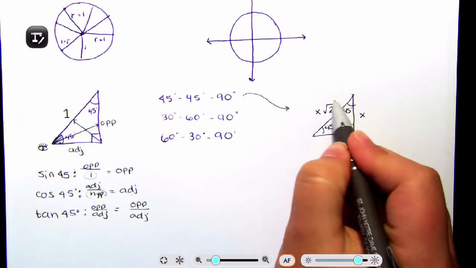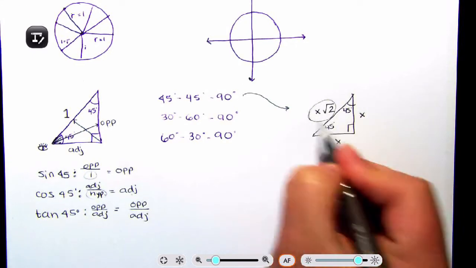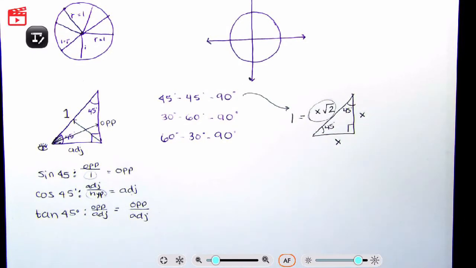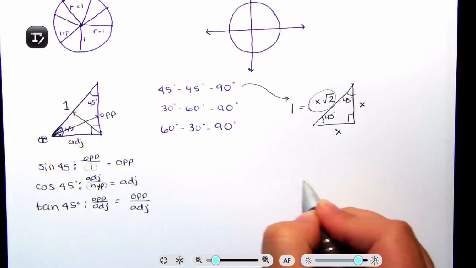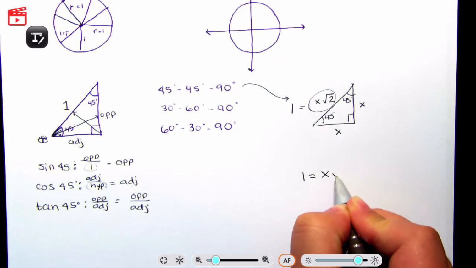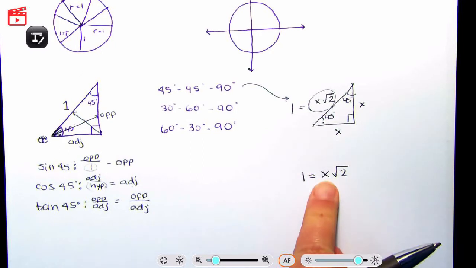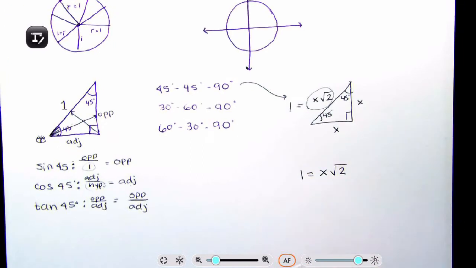So if we want this hypotenuse to equal 1, what does x have to be? My x root 2 needs to be equal to 1.